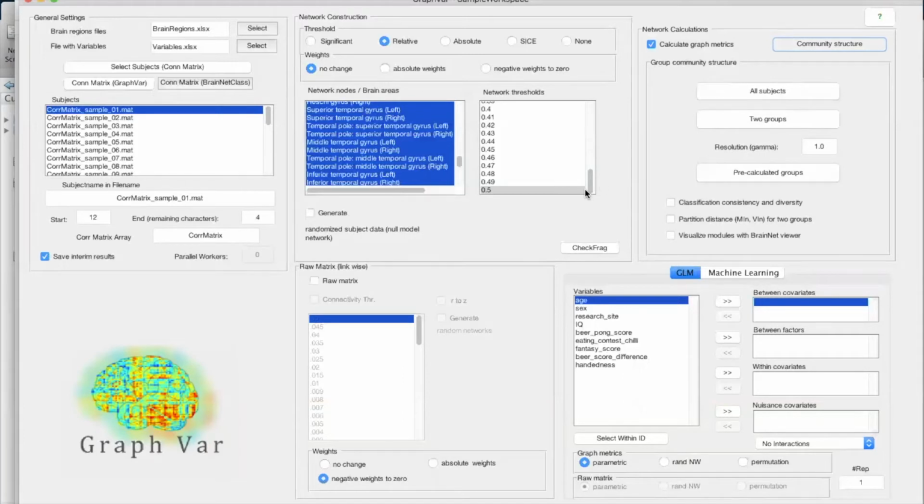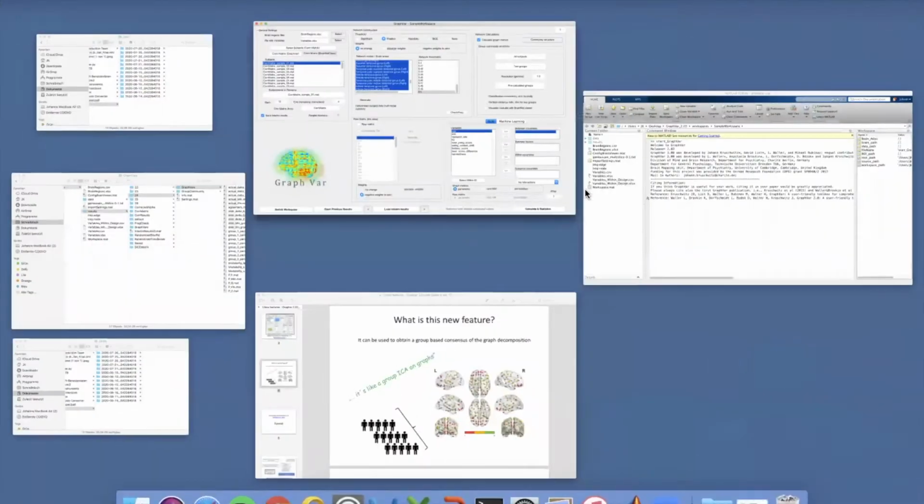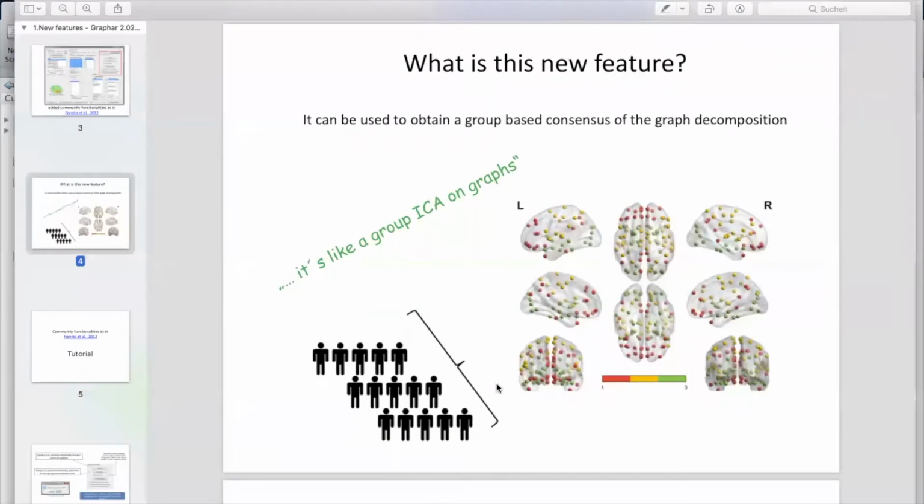For this, at the beginning, I'm going to toggle to a little presentation that is also included in the GraphVar download folder and that you should have on your computer when you've downloaded GraphVar. So what is this new feature? It can be used to obtain a group-based consensus of the graph decomposition, and essentially it's like a group ICA on graphs.